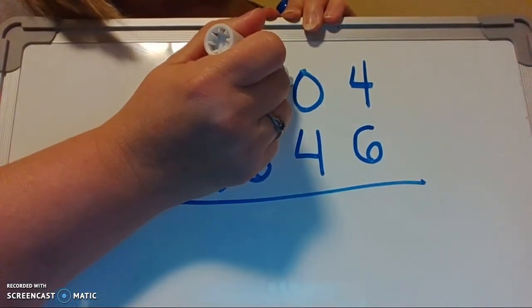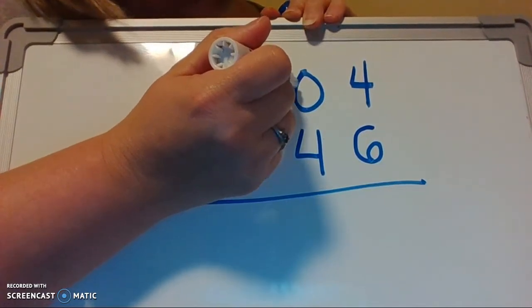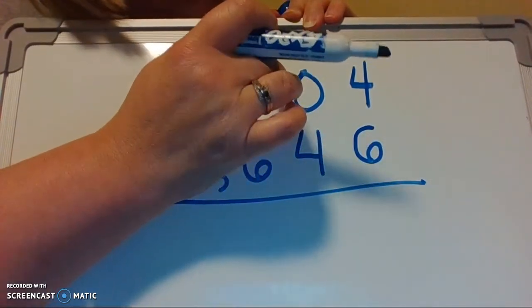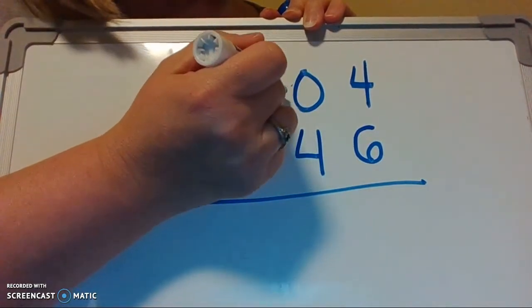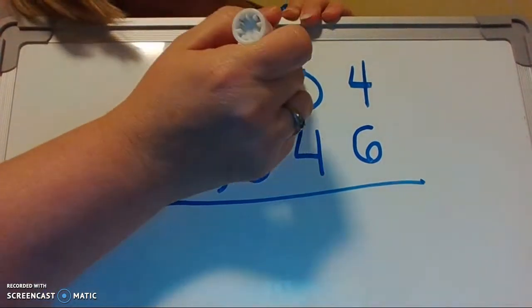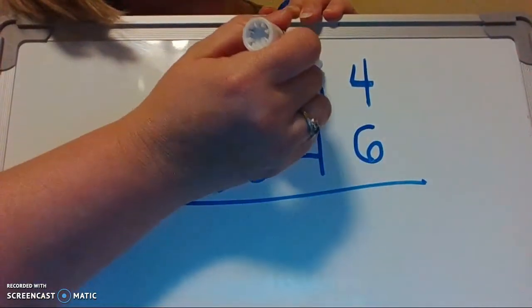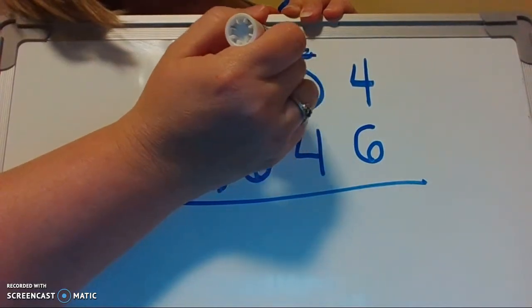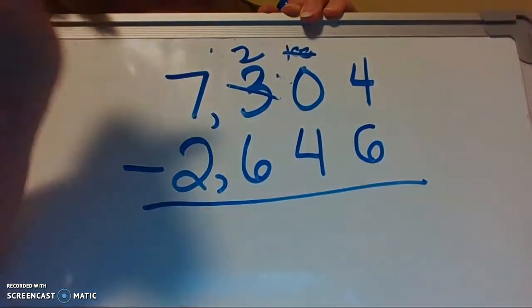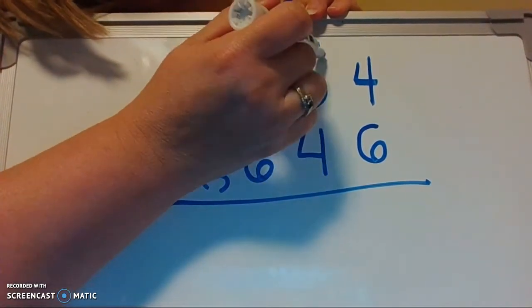Then I don't have enough. Well, so now I made this into 100. But I still can't do 4 minus 6. So I'm going to have to make this 100 and take one group of 10 away into a 90.